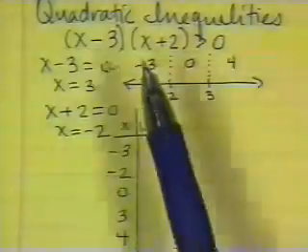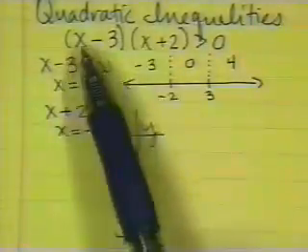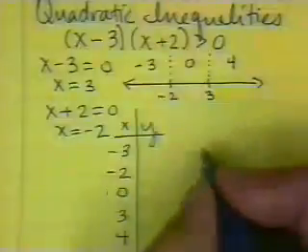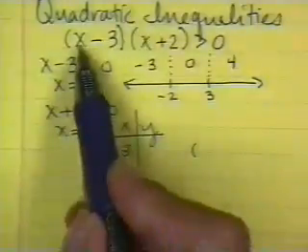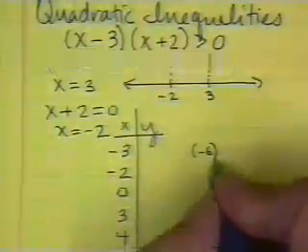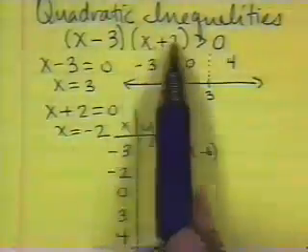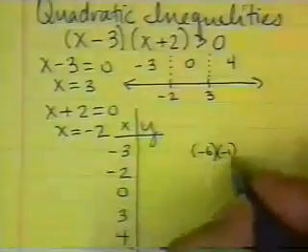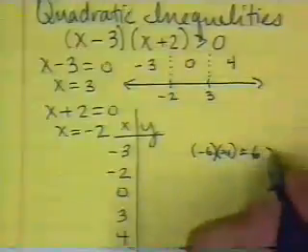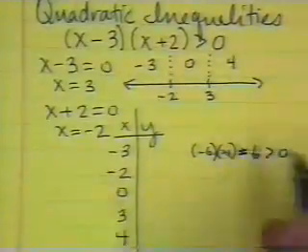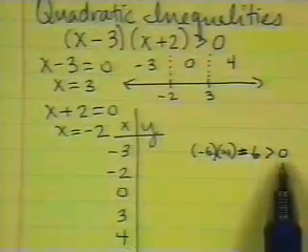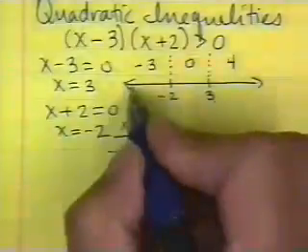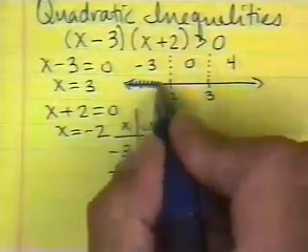And remember, just like in class, we plug these into our original equation up here, or into our factored form, so that -3 in for x is going to make it -3 minus 3, that's a -6. -3 plus 2, that's a -1, which is a +6 greater than 0. +6 is greater than 0. Is that a true or a false statement? That is true. So this region point, because it is true, is shaded.